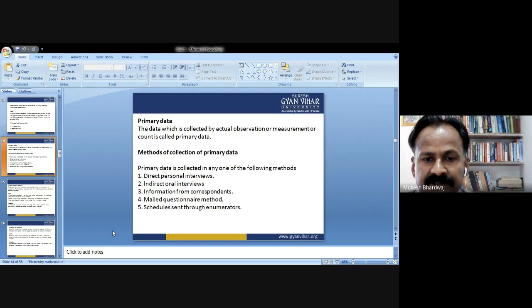The fifth is schedules sent through the enumerators. That is again similar to the fourth one, but somewhat different. Instead of electronic media, you prepare schedules and send them to different regions to gather the data. Okay. Now we will study each method of collecting the data individually.